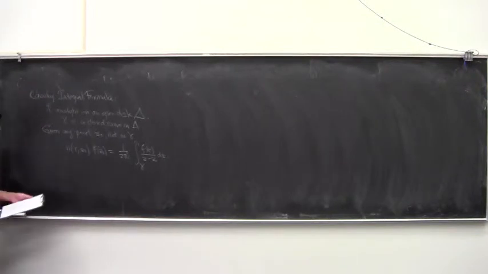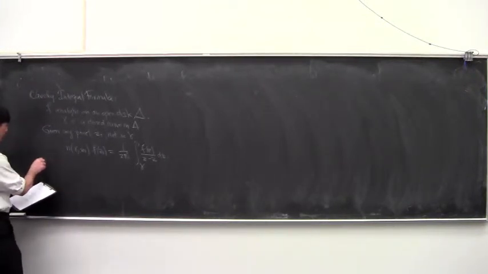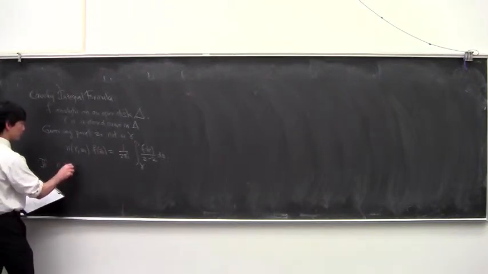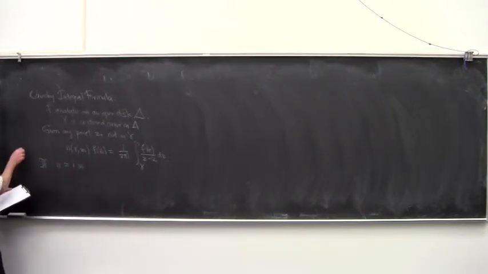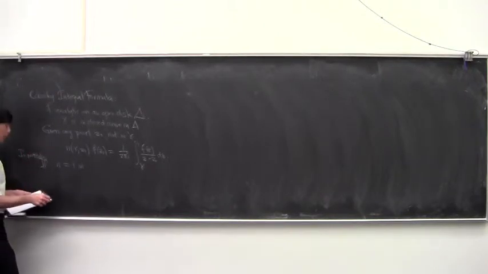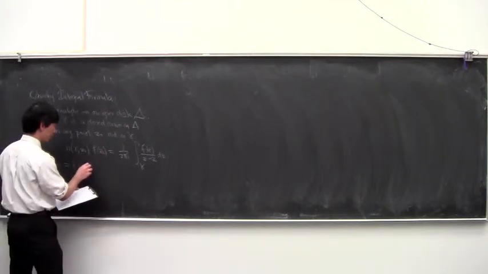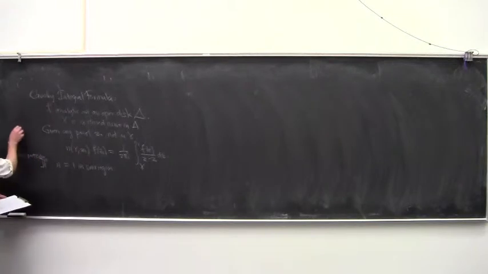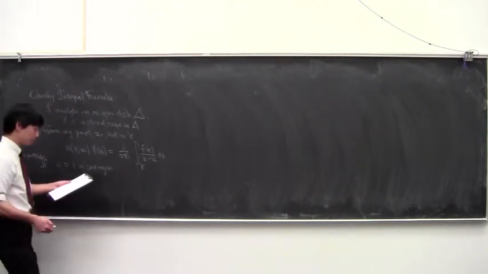Last time, we made the remark that if the winding number equals 1 in some region, for example, if you're talking about a simple loop and you're inside the loop, then the winding number is 1 inside there.